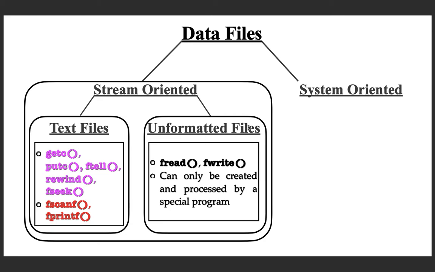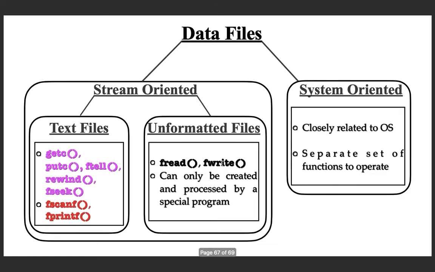Okay. Then you may ask me a question, suppose you are using getc and fwrite, what can you do? You can decide what you have to call. Anyway, you can just say text files which are stream oriented, and you also have an option for system oriented files that we have not discussed in this course.